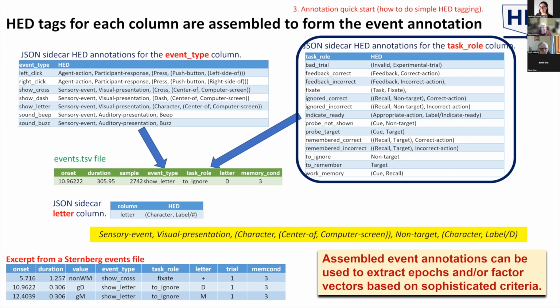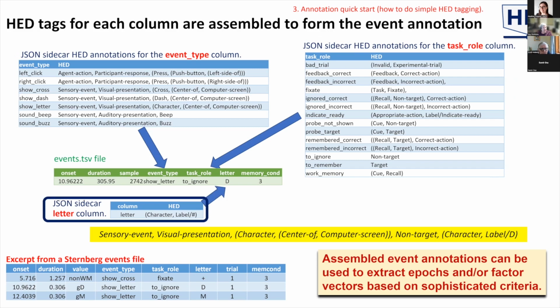And then the letter column, I'm going to annotate as a value column. The key there is that it's just one HED annotation, which has a number sign that's substituted. The column content substitutes for the number sign.